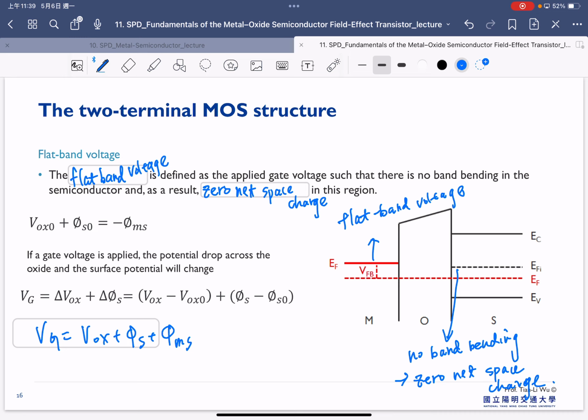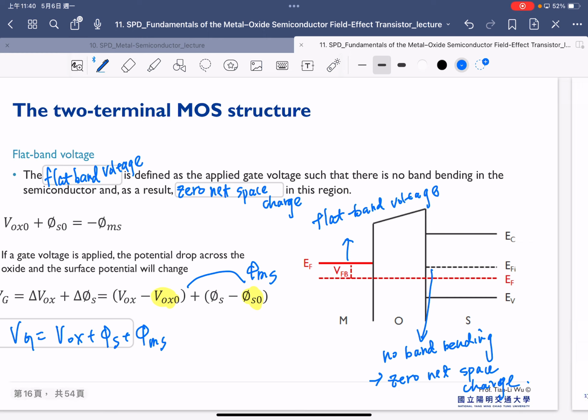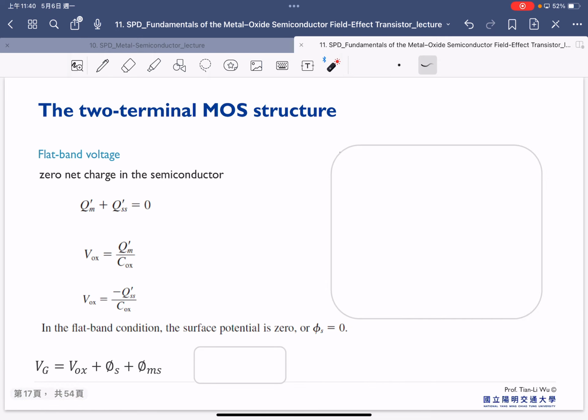This is because this one is equal to phi MS. And since after we apply the flat band voltage, there's zero net charge in the semiconductor.